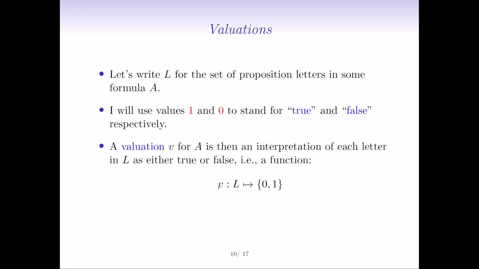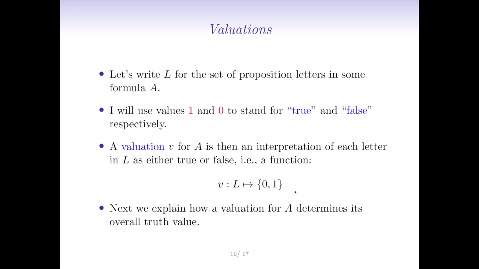When I write function notation like this, the function is called V, and the colon says this is the type of the function. It is a function from L, that's the domain, so the arguments of the function are things in L, and the values it returns are either 0 or 1 for each argument. So for example, I could think of a valuation that sends R to 0, S to 1, and P to 0.